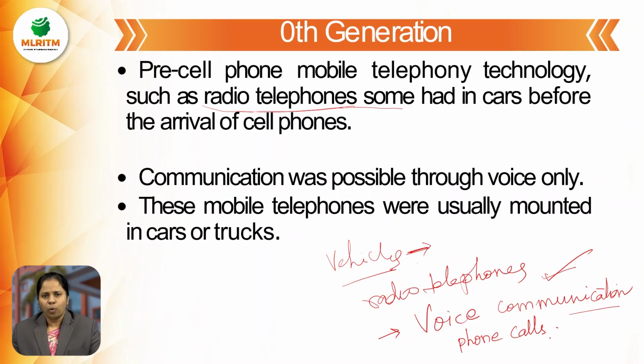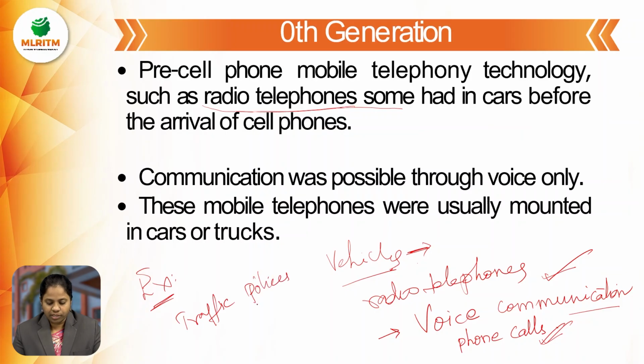That means only phone calls were possible. It was not two-way communication, it was only one way. An example for this is traffic police, who use this walkie-talkie type. This is regarding the zeroth generation.